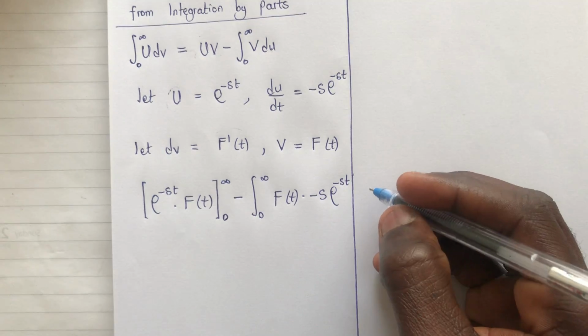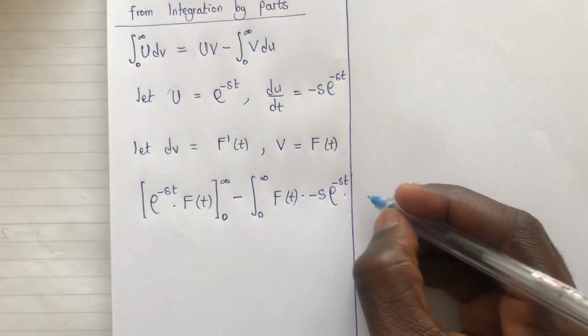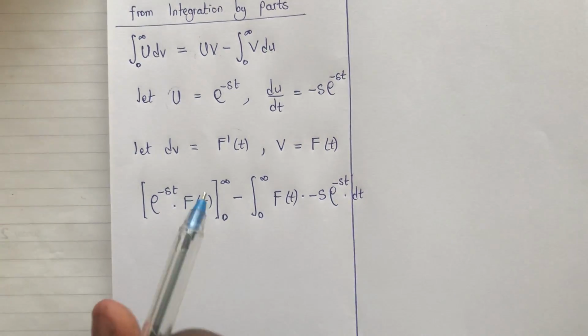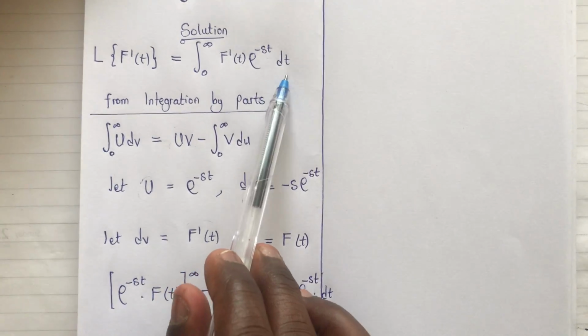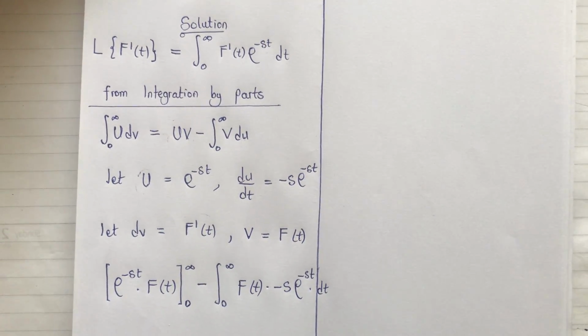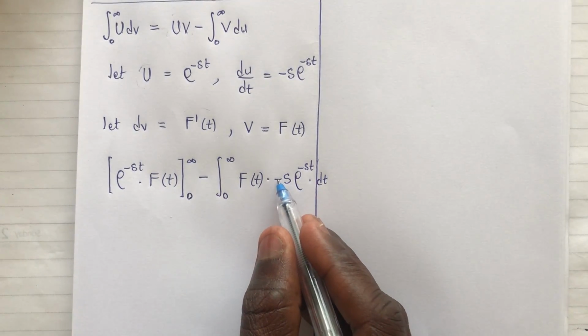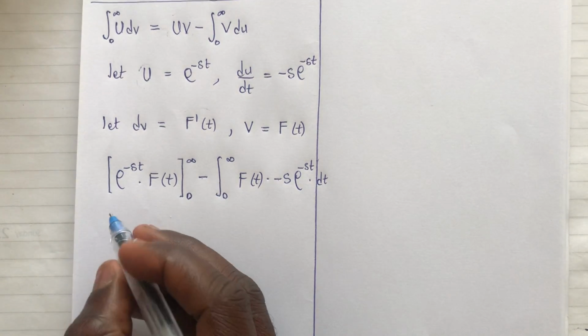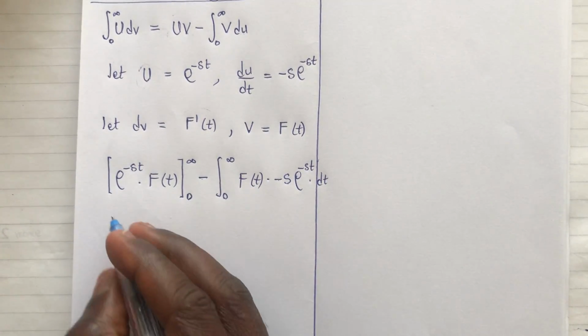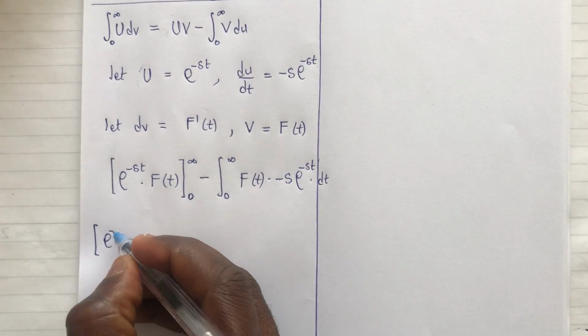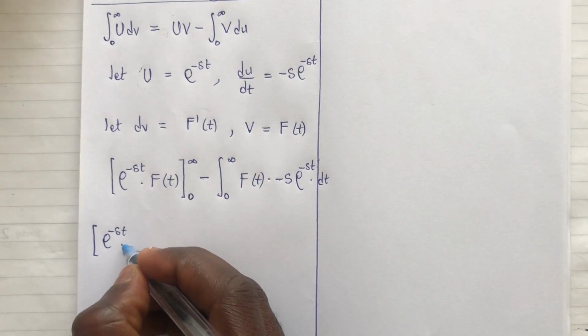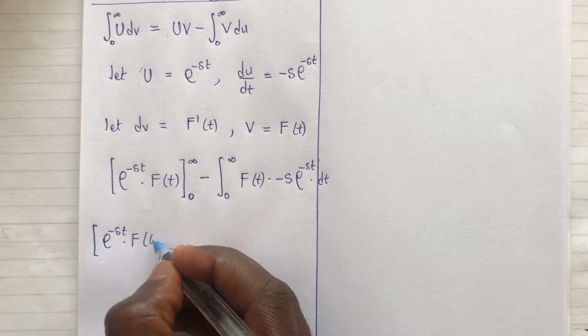But let me do that, times dt. Don't forget we even have dt here. Okay, so times dt. Now we can break this down again by using this negative to multiply this and bringing the s outside. So we have e minus st times f of t.